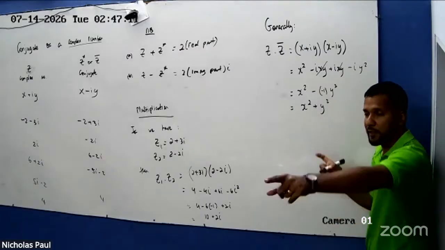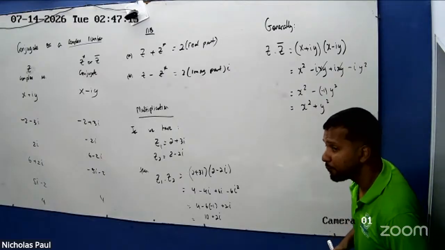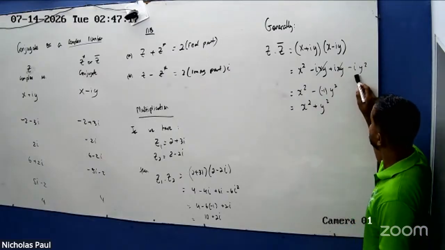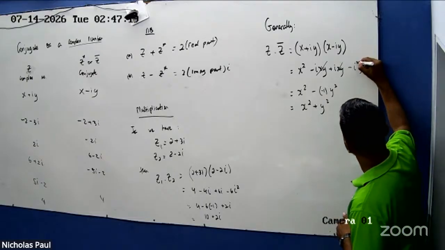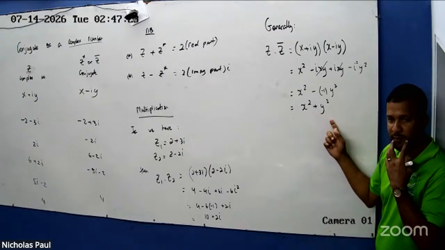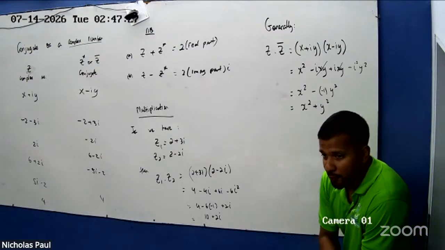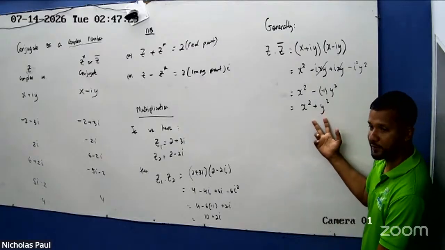What's special about this? i squared. Yeah, so sorry. What is special about this? There is something special about this.